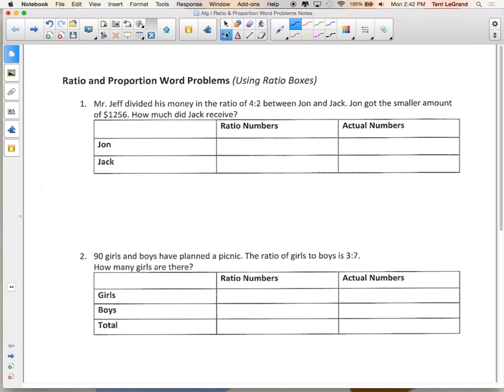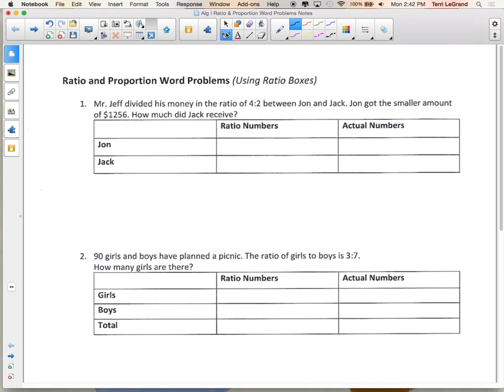Now, one of the things that's nice about a ratio box is it sorts out everything for you, and that's where you can put your labels. Then when you set up your proportion, because you've already taken care of the labels in the ratio box, you don't have to put them in the proportion model, such as we did. Let's turn over those notes that we did last Thursday, 1.8. Look back side. What did I say you had to do when you set up your proportion?